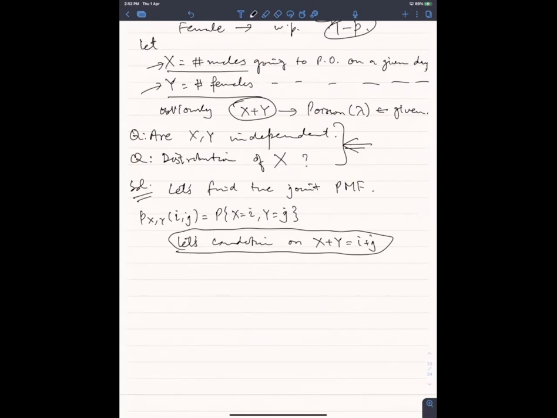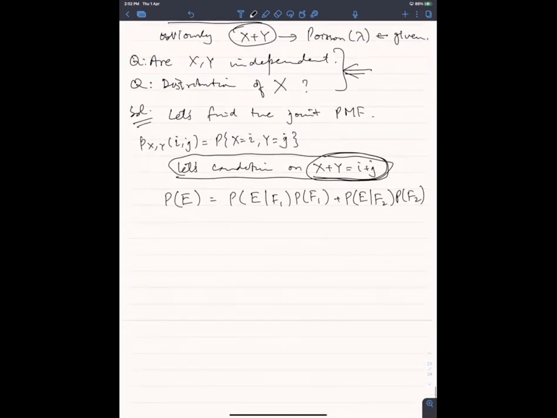You recall that probability of E is equal to probability of E given F1 into probability of F1, plus probability of E given F2 into probability of F2, and so on. Here we have x plus y is equal to i plus j, so the other event can be that x plus y is not equal to i plus j. So let's condition on that.